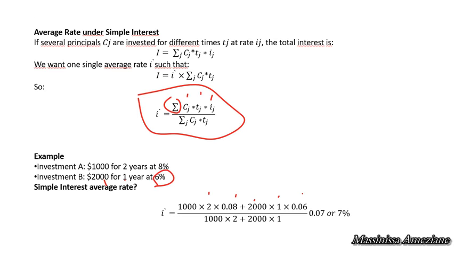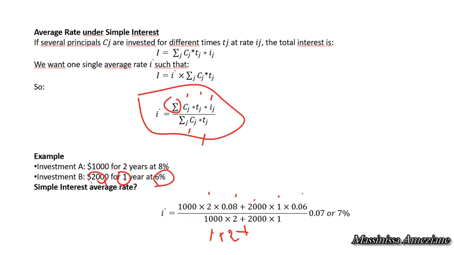All this divided by the sum of C_j times T_j, which for the first one is 1,000 times the number of periods, which is 2, plus 2,000 times 1, the second capital times the number of periods, and we get 0.07, which is 7%. This is the average interest rate for these two investments.